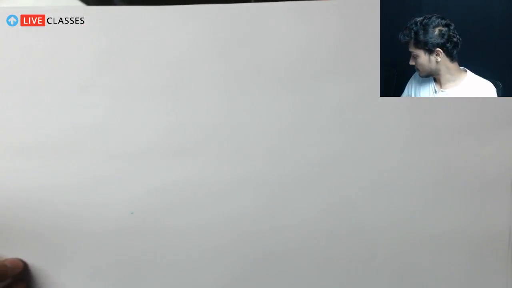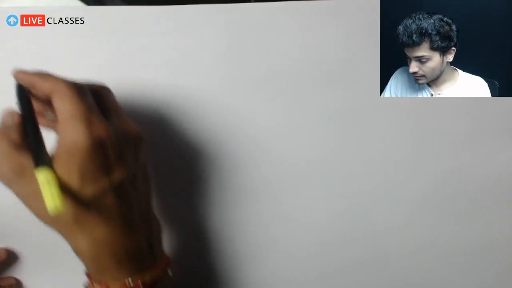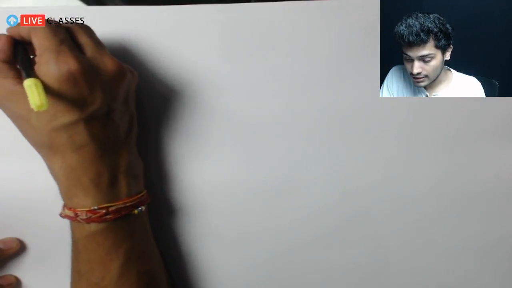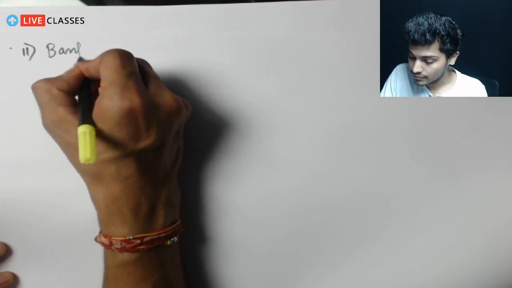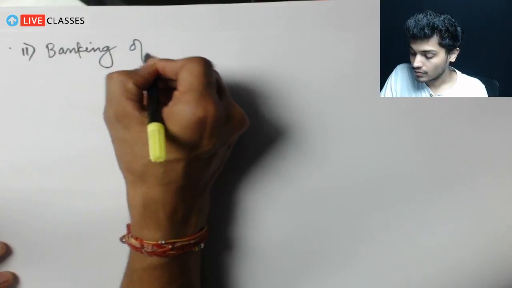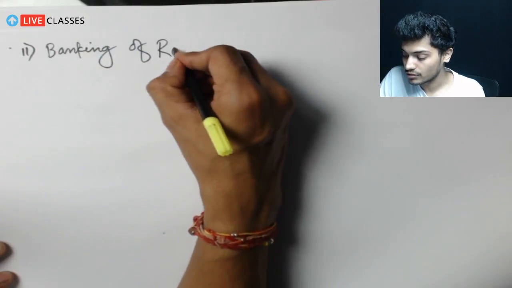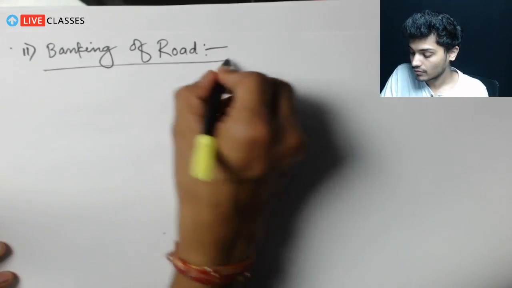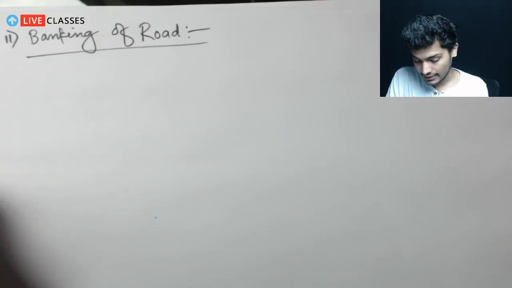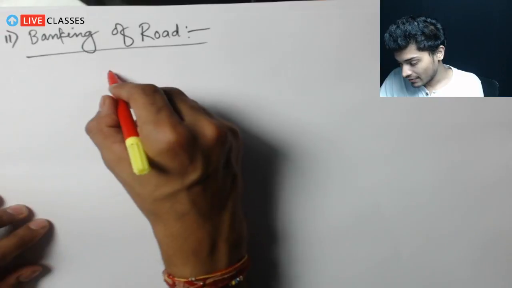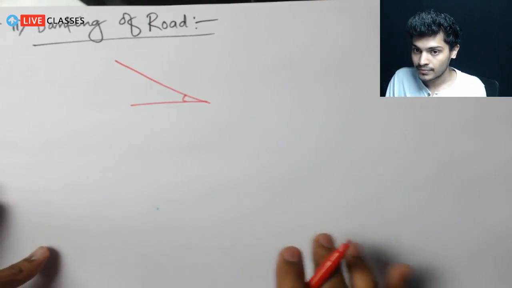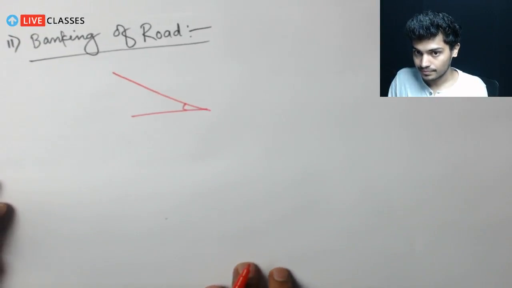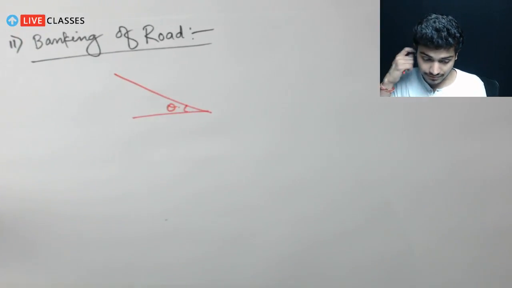And now let's say suppose friction is not there, then in that case through banking of roads we can provide the necessary centripetal force. What will happen in that case? Suppose we have inclined our road at angle theta, right?